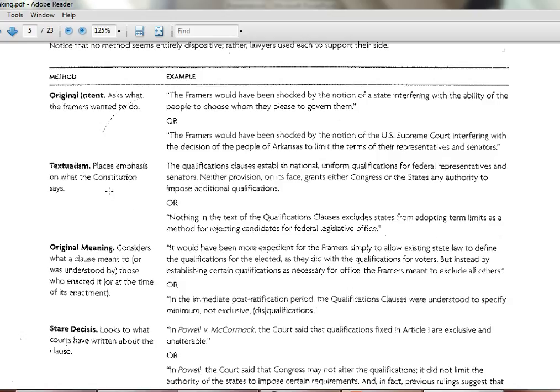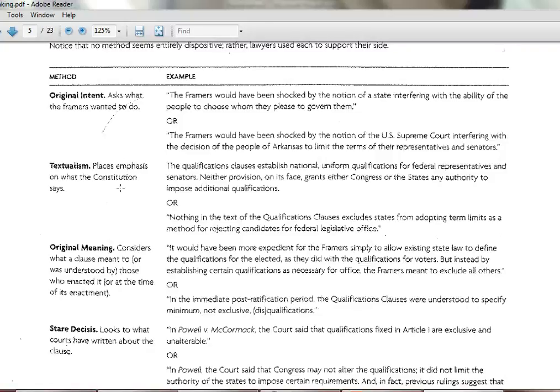In textualism, you're trying to look at the words and say, well, what do those words mean? For original meaning, you're trying to understand what these words meant to those who wrote them. And so for the Constitution, we're looking at the framers of the Constitution. When they used this term, when they used this phrase, what did that phrase mean to them at that time?